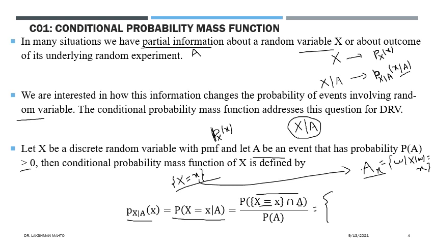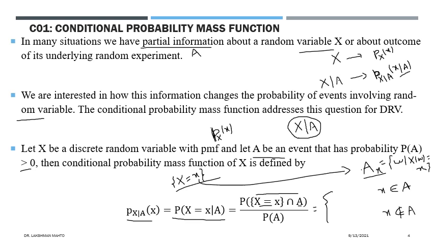This observed value x either might be in this partial information A, or it might not be in the partial information A. So a binary scenario will come: either x is in A, or x is not in A. So we may have two scenarios.